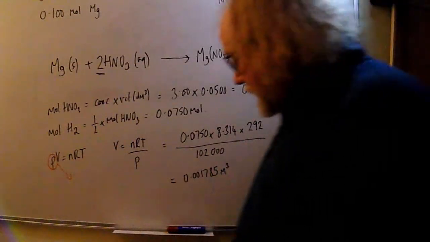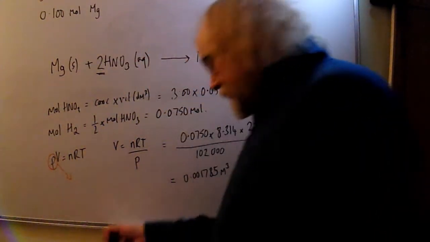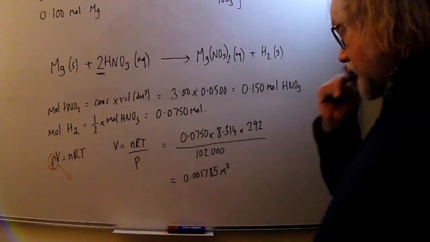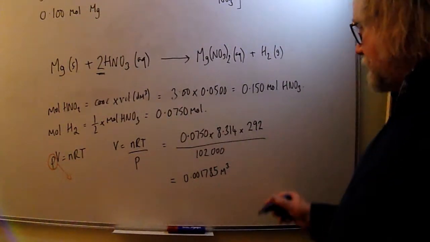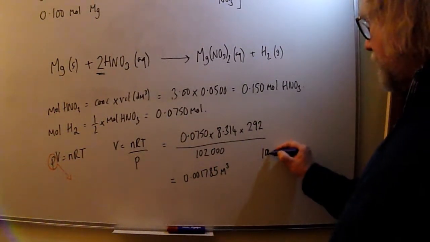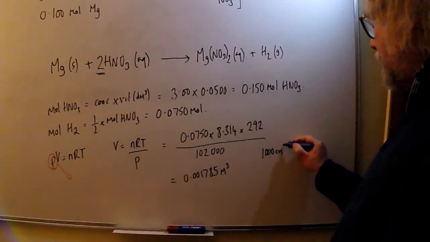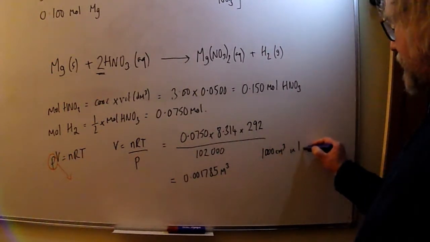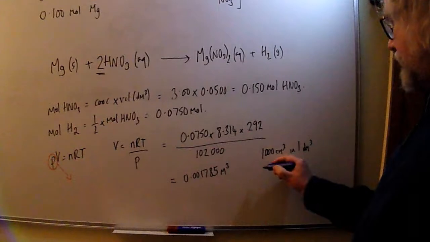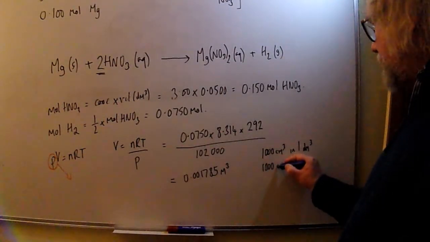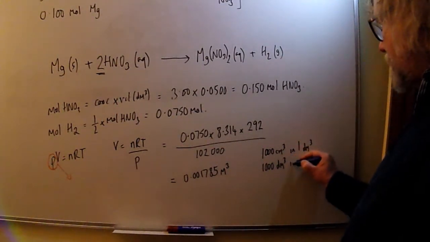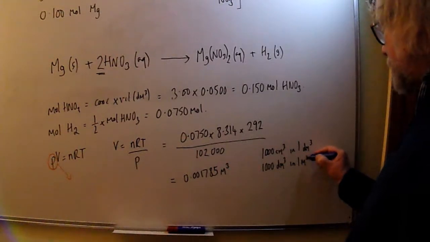Now we need to give our own answer in cm cubed, because you can see that's there on the answer line, and you need to remember that there are 1,000 cm cubed in 1 dm cubed, and that there are 1,000 dm cubed in 1 meter cubed.